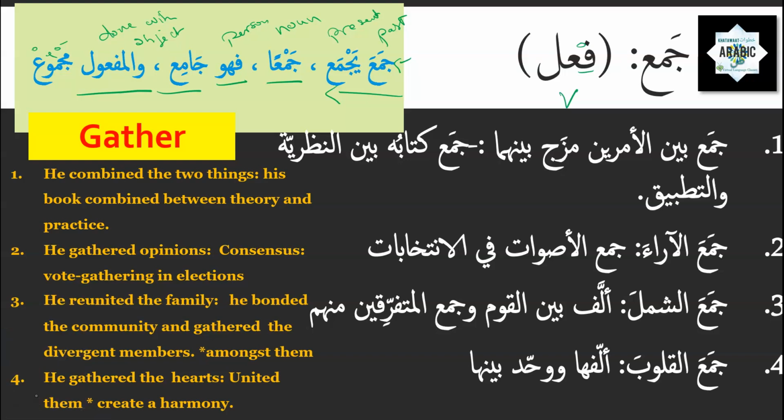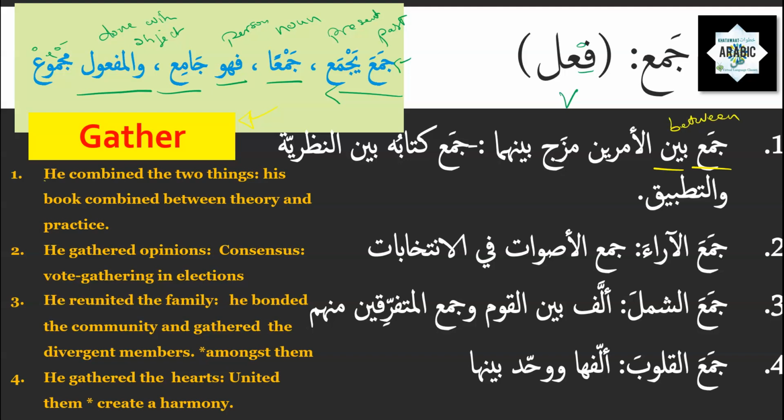As we're looking at these examples, I'm going to be placing the short cases, but also highlighting the new vocabulary, nouns, and also synonyms of the same verb or meaning of gathering. جمع بين, بين, between.